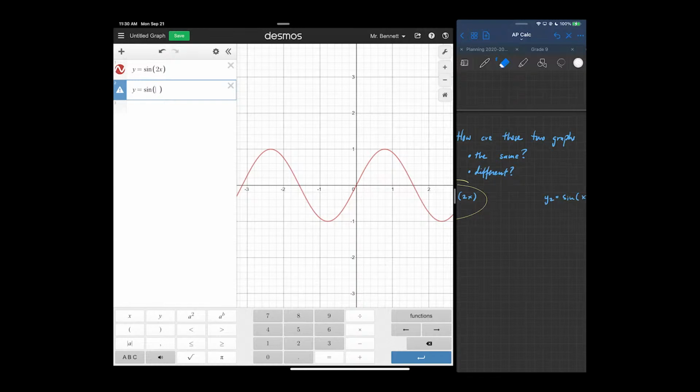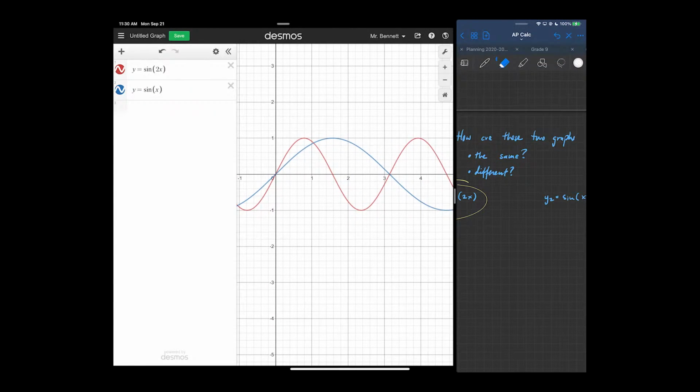Would it be more narrow or would it be more stretched out? What do we think? Or would it be the same? Okay, so we think maybe a little more narrow. Okay, let's just punch it in and see what we get. Okay, so looks to me it's actually a little more stretched out, right?